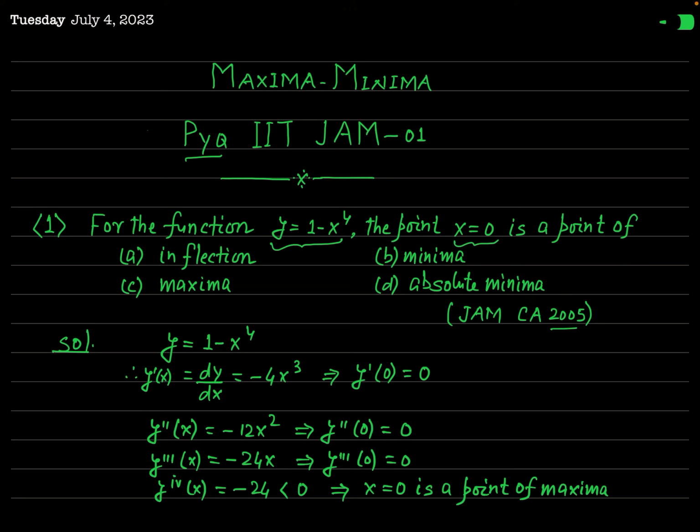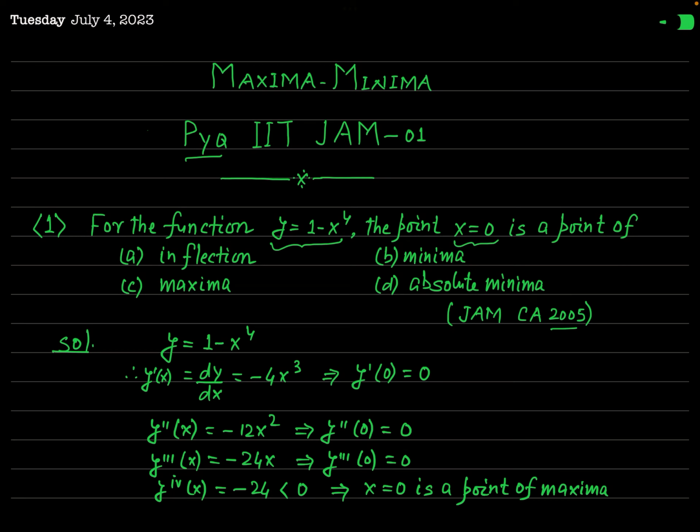So you can see a function is given and a point x equal to 0 is also given, and you have to decide whether this point is a minimum, a maximum, or a point of inflection. All these things you have learned in the previous lecture, how we can decide such conditions.